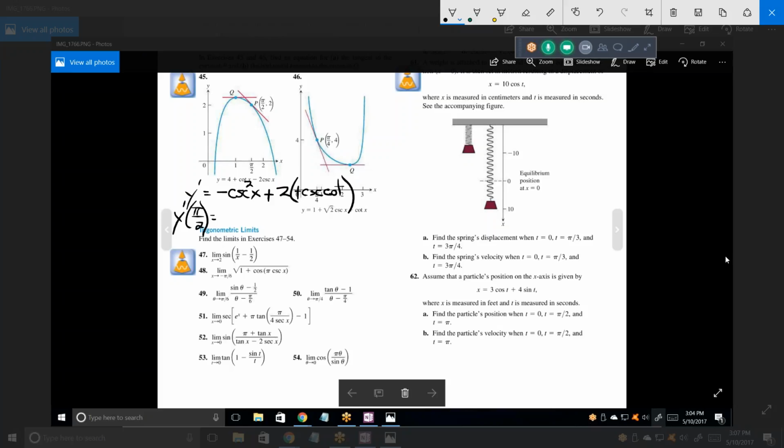Remember the way to do these. Make it minus 1 over sine squared of pi over 2. That's the way to do it. If you struggle with these secondary trig functions like most people do, just always turn it into its reciprocal.